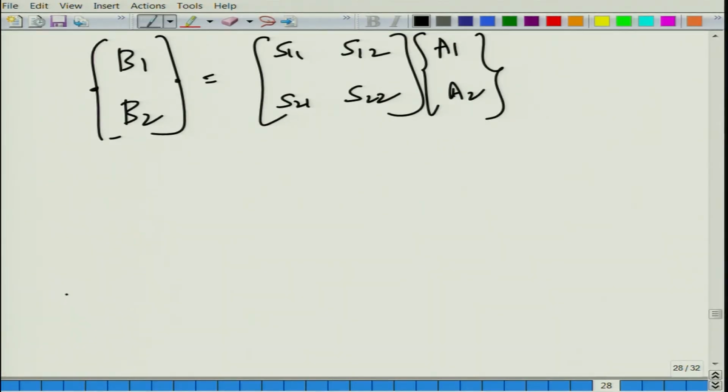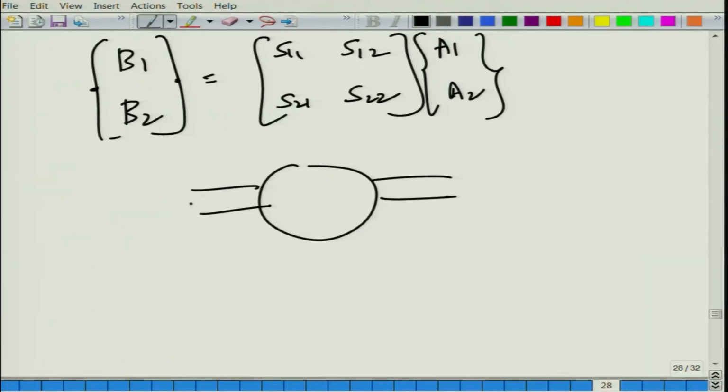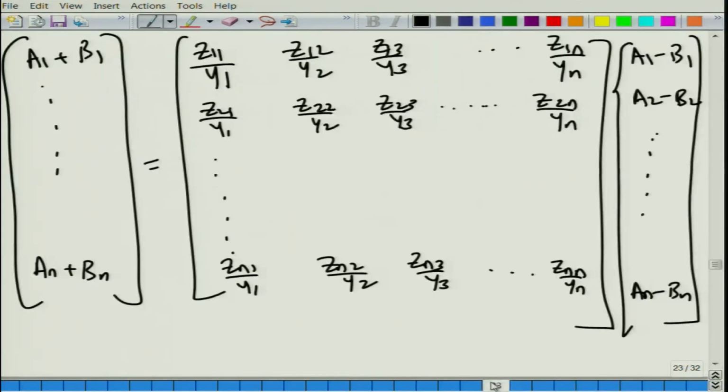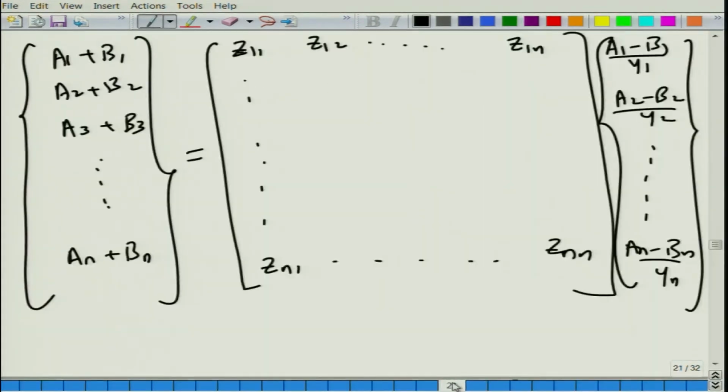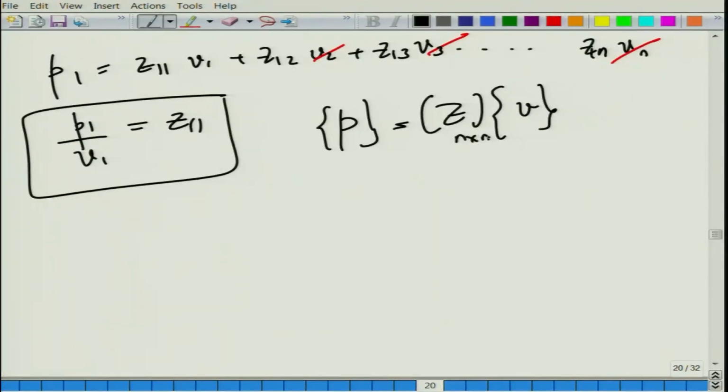Okay. Now, let us say you have a system like this, incident wave A1. Here one thing that I forgot to mention, apologies for that: the direction of velocity is considered positive looking into the system.